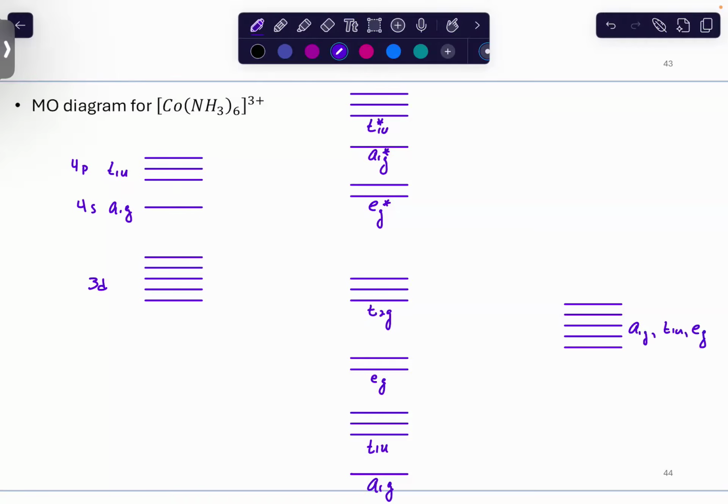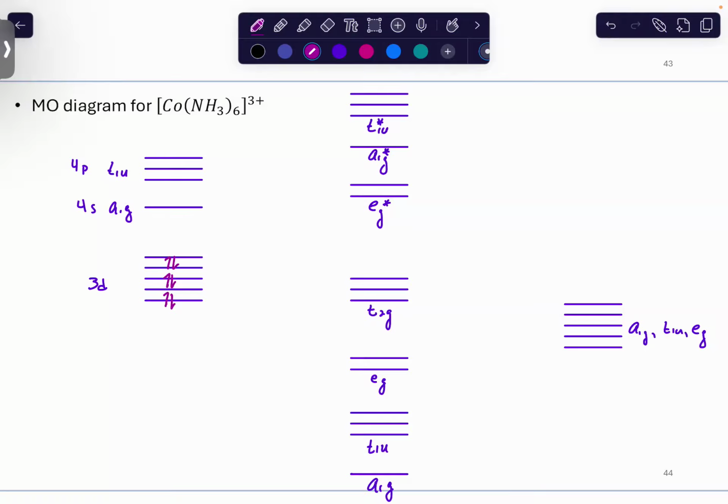Now, okay, so let's think about this. This is a, what did you say this was? The cobalt 3. Yeah. Then it's a D6 complex. Okay, so how we're going to represent that is we're going to say 1, 2, 3, 4. We're just going to put 6 electrons in there.